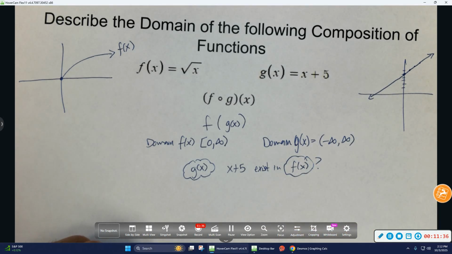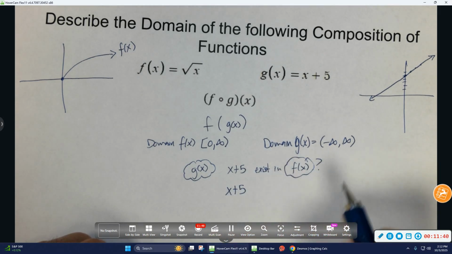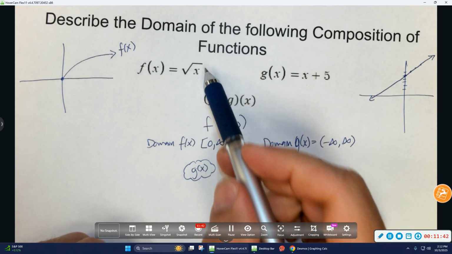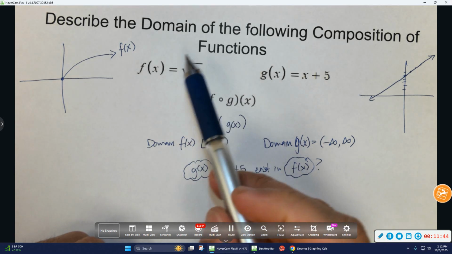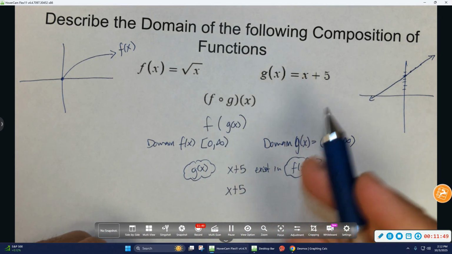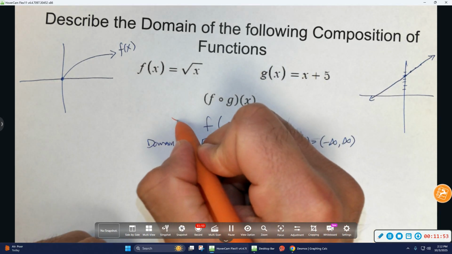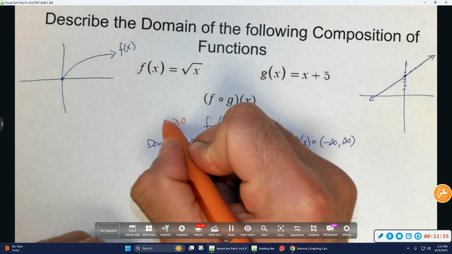So I'm going to literally use these two equations together. I'm going to use the g of x equation, x plus 5, and I'm going to use the square root equation. Now the domain of this function is only going to be dealing with positive numbers greater than 0. Another way to say that is I can say everything greater than or equal to 0.